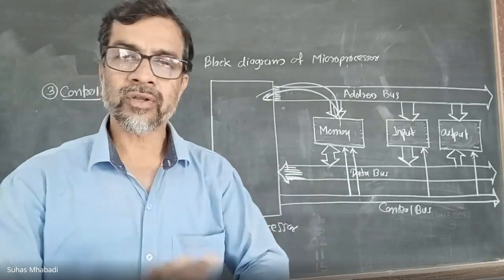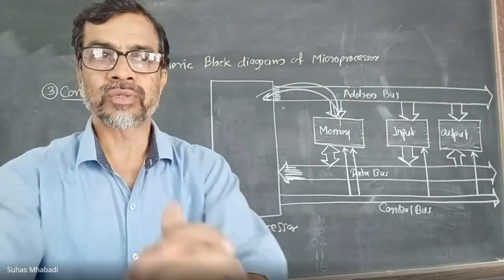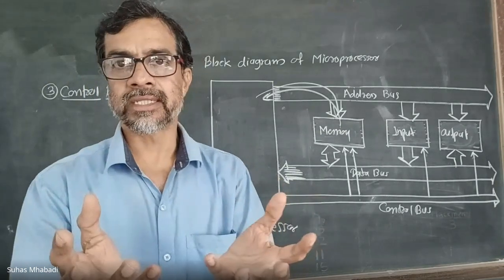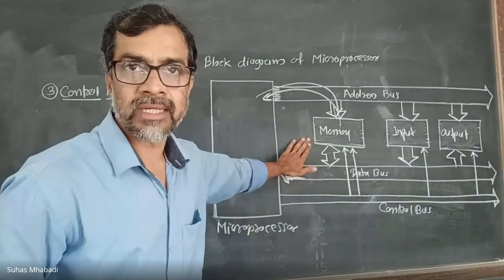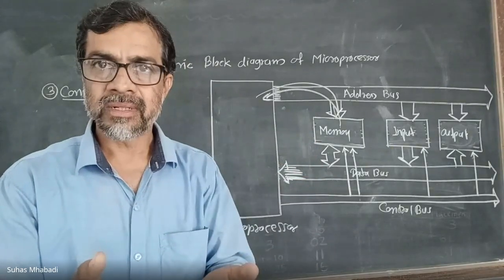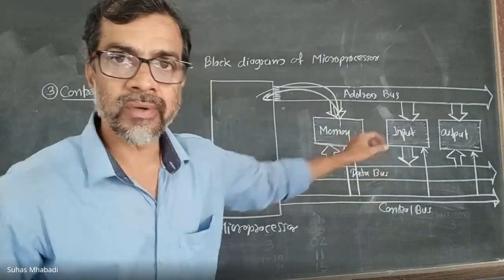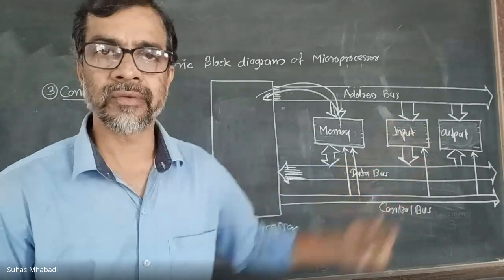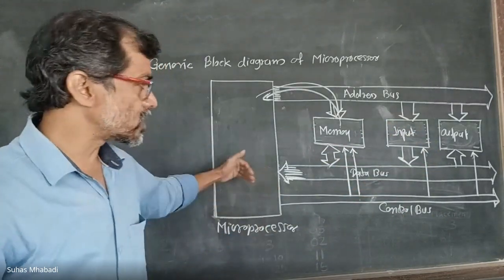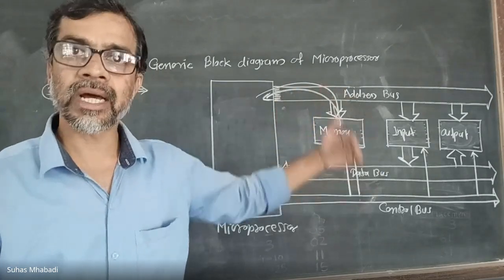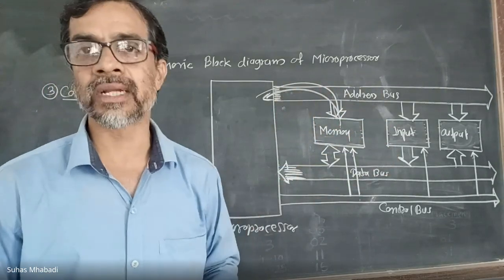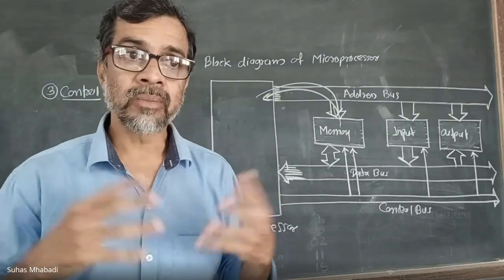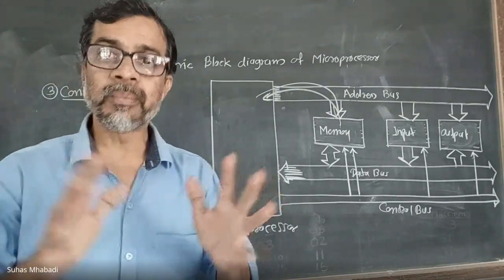But the time required for that communication varies from device to device. It requires some specific microseconds to communicate with memory. It requires some more time to communicate with input devices. It requires some microseconds to communicate with the output device. So when the processor communicates with input, memory, output devices, it requires to offer a sufficient time for communication, and within that time, the communication should happen completely.